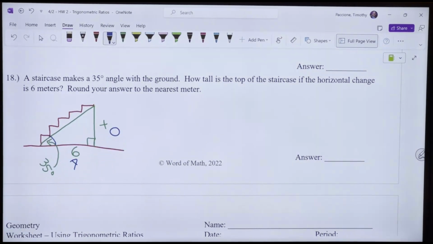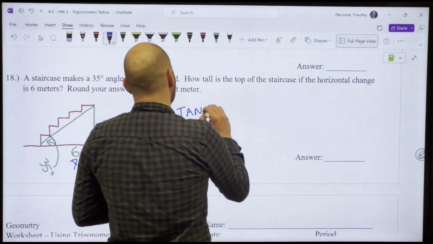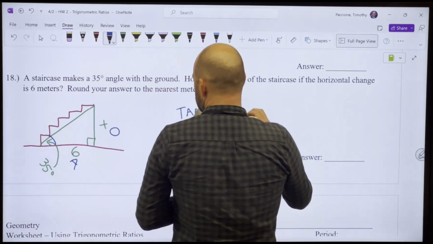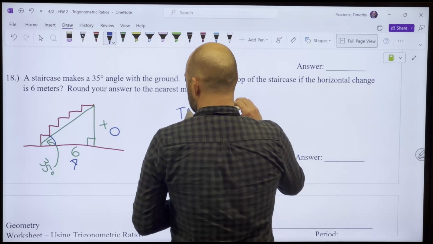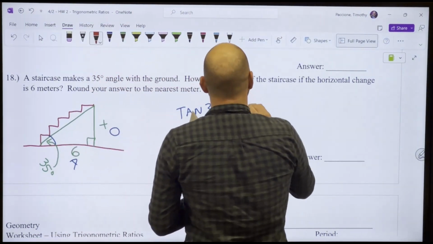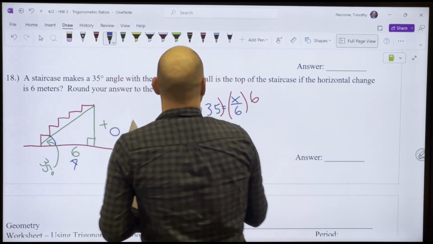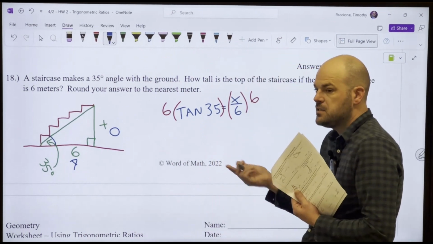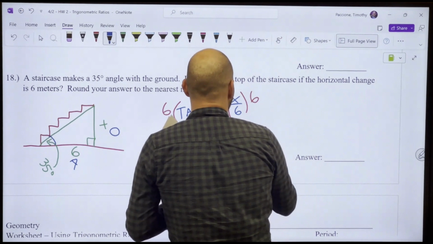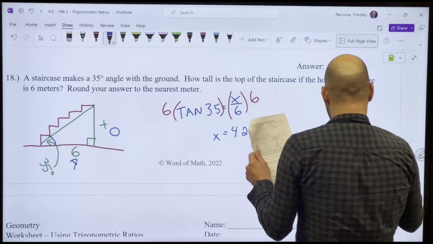O. I'm not dealing with an h, so I'm dealing with tangent, TOA. So tangent of 35 equals x over 6, and multiply both sides by 6, x equals tangent 35 times 6, so x equals 4.2 meters.